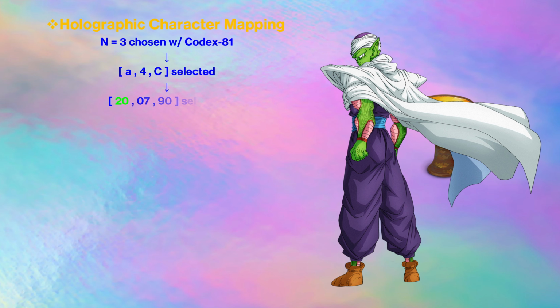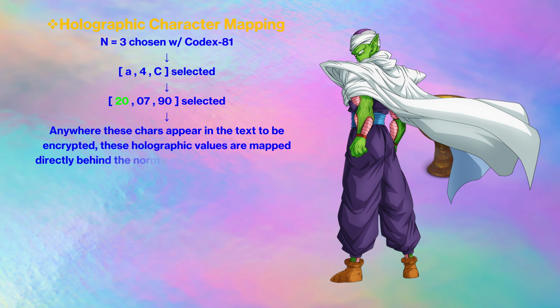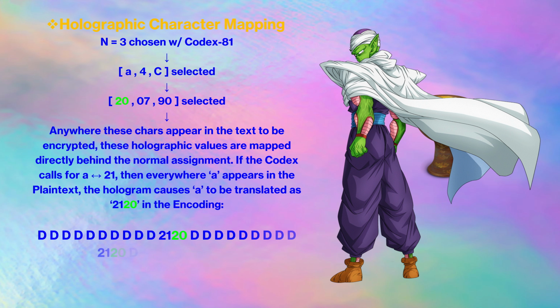So the way it will look is that, say we're using Codex 81, for instance, and we choose 3 characters for the hologram. 3 characters are then randomly selected from the codex you provided and are mapped to 3 randomly selected vacant 2-digit assignments.